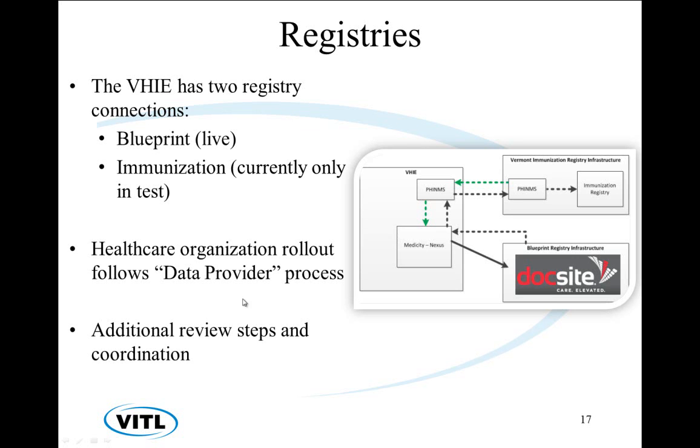We follow that data provider process for those entities, and then we have additional review steps and coordination with each of the registries to say, okay, we've validated that everything is filed into the VHIE okay, now we have to go and make sure that it also files to your system correctly. Certain values in the VHIE might not be the same values in the Blueprint registry. So it's almost like implementing 2 interfaces per rollout when you're doing these registry connections.